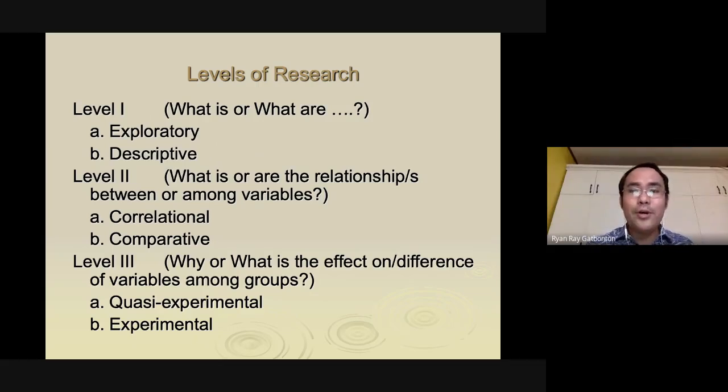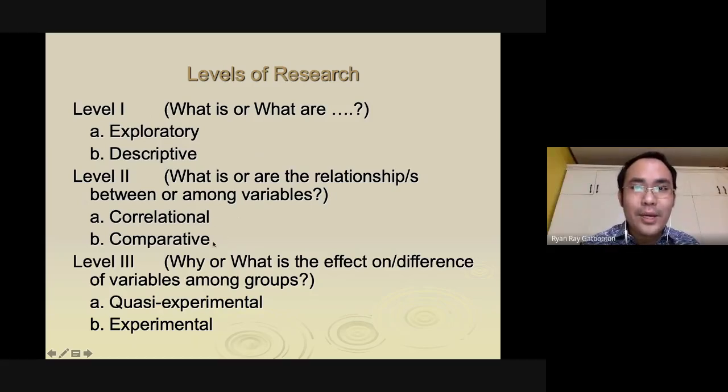If you try to correlate, if you try to find out the relationship between two variables or among groups, then you are performing a level 2 research. So if you try to find out the relationship between height and weight, then it is a level 2 research. If you try to find correlation between variables, that's a correlational research.